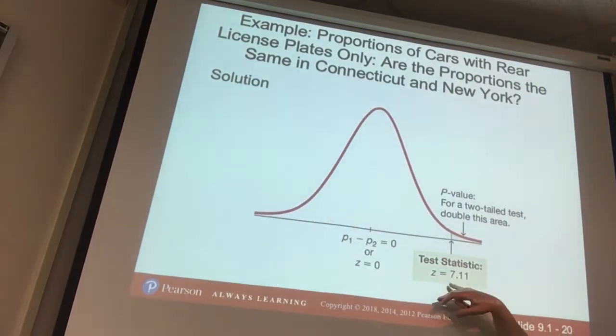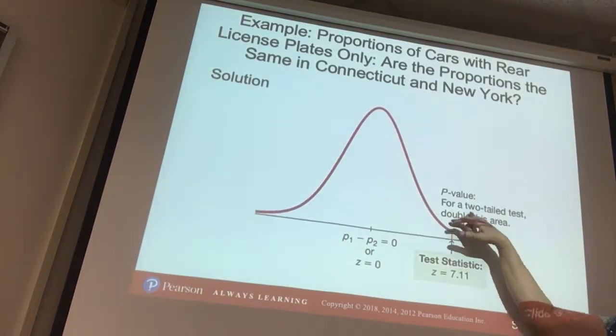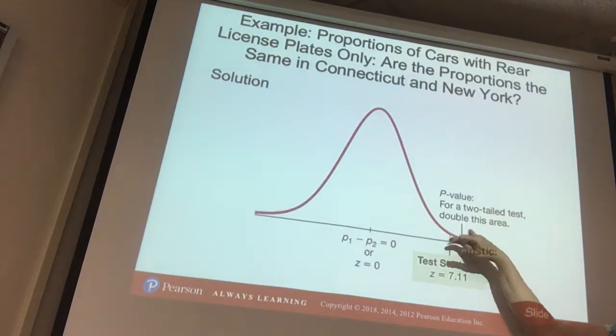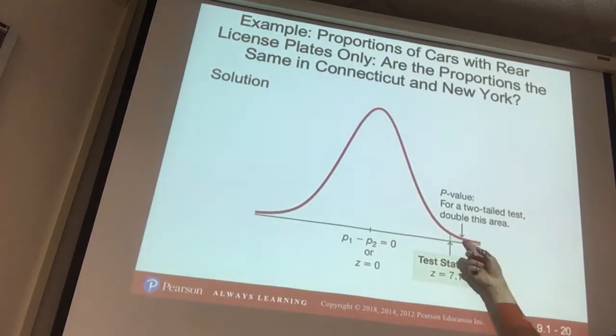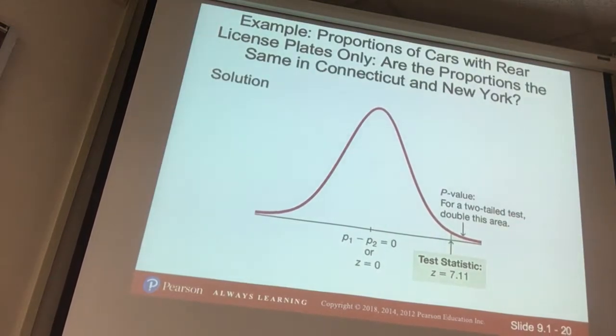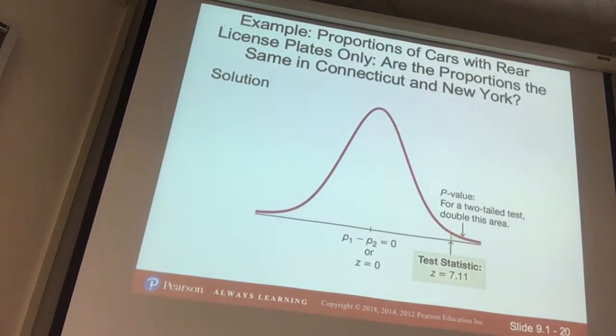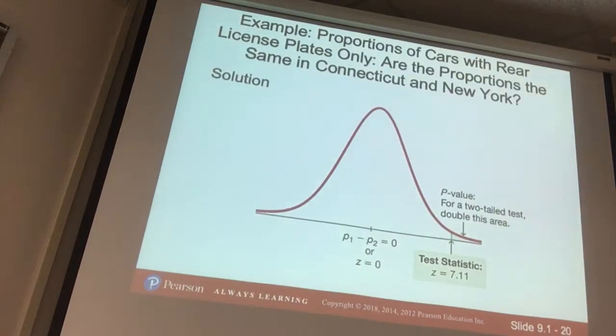I think this slide is a little off; it should have the level pointing inside there. But the p-value for a two-tailed test is double this area. So we find what the p-value is to the right of 7.11, and then we double that area and compare it to our 0.05.